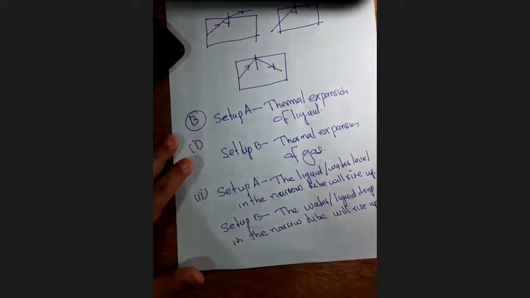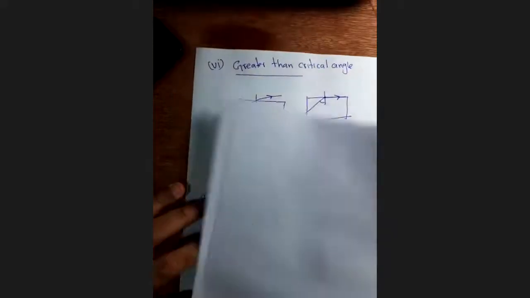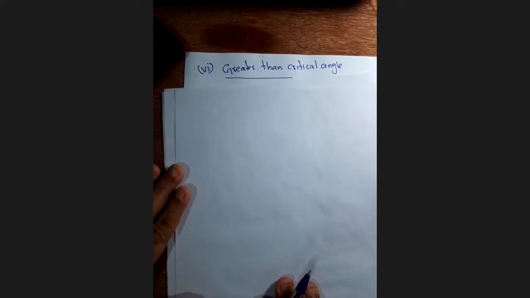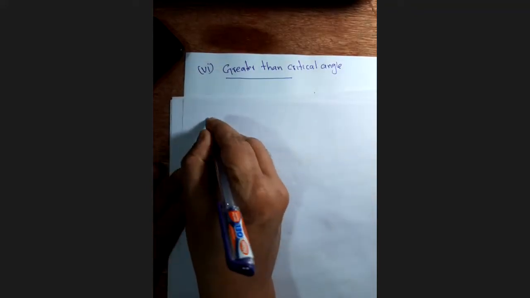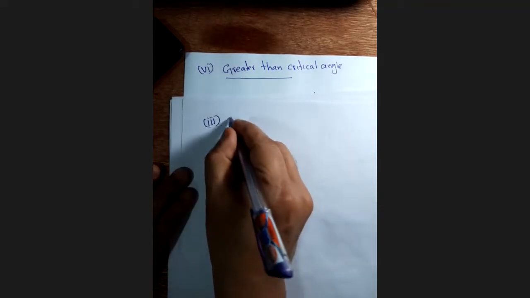Coming to question number 3. By what method is heat transferred across the wall of the boiling tube in setup B? It is a solid, my children, the boiling tube wall.